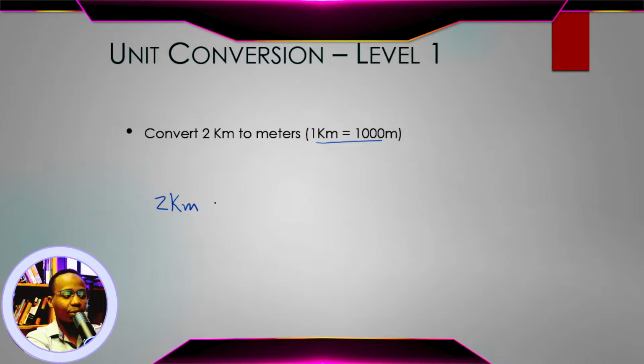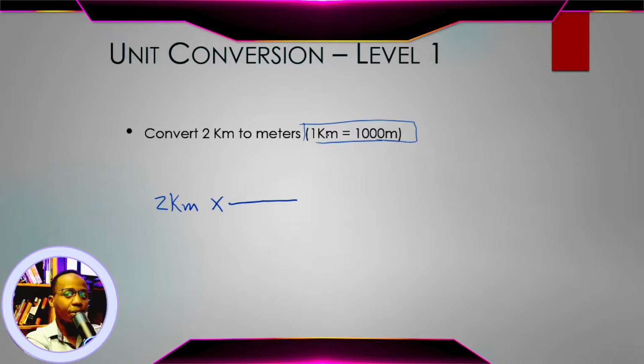What's the next step? You're going to multiply what you've been given by a conversion fraction. This is where a lot of students get it wrong. The conversion fraction is going to be coming from the conversion formula. All right?